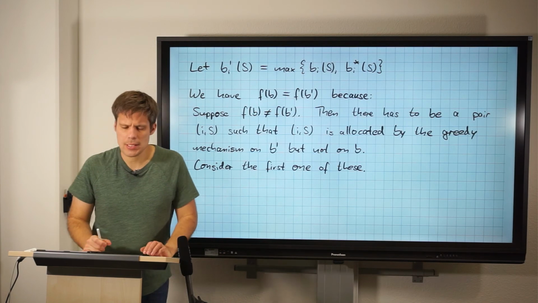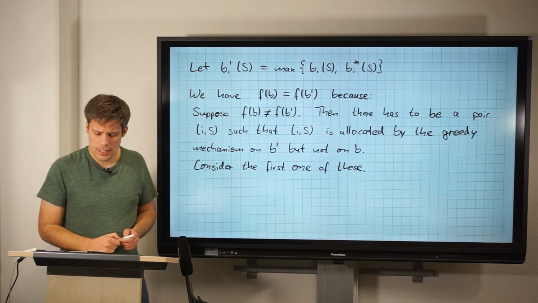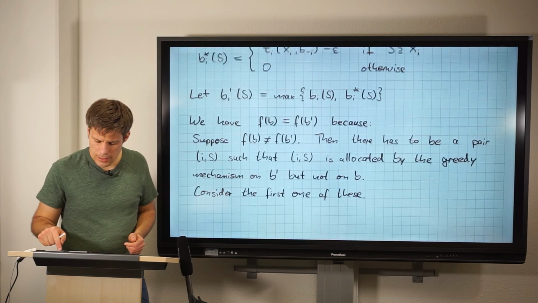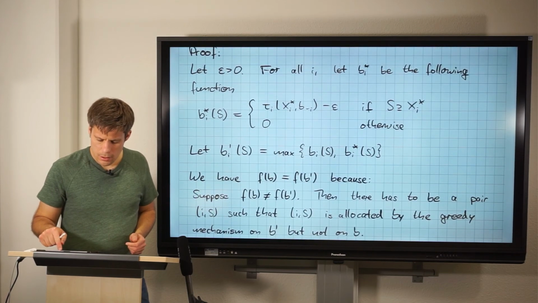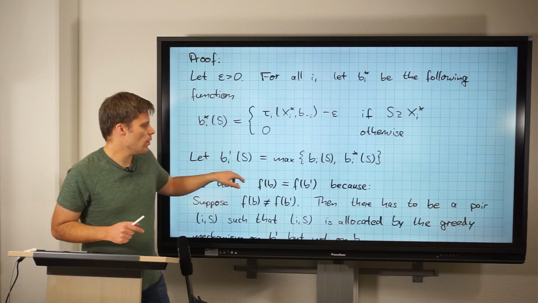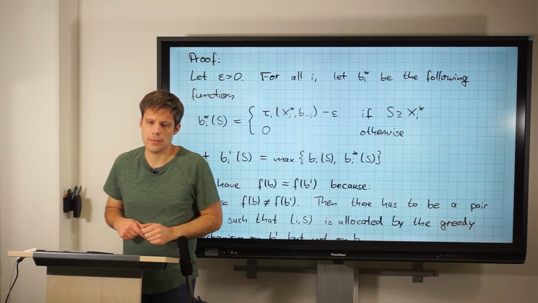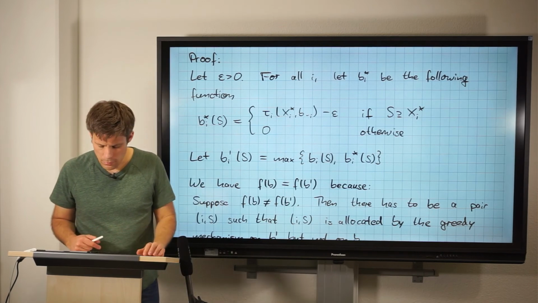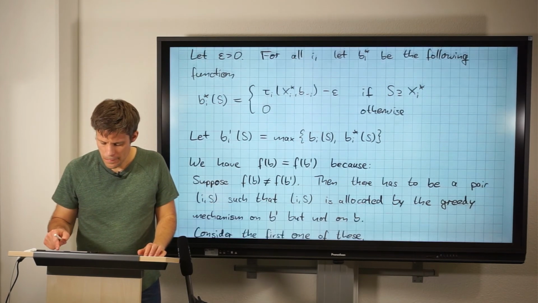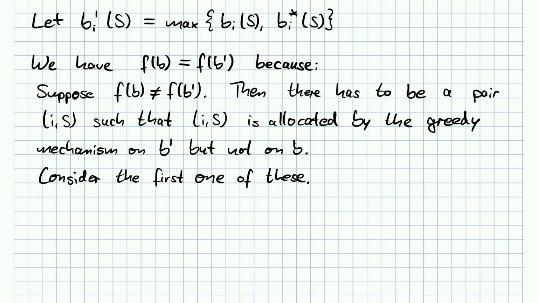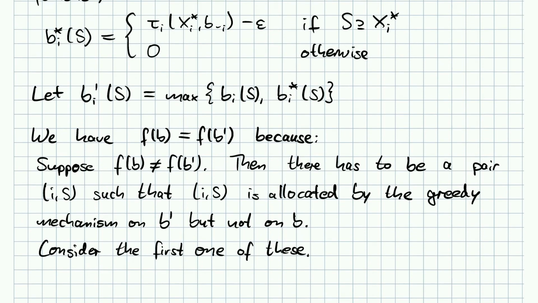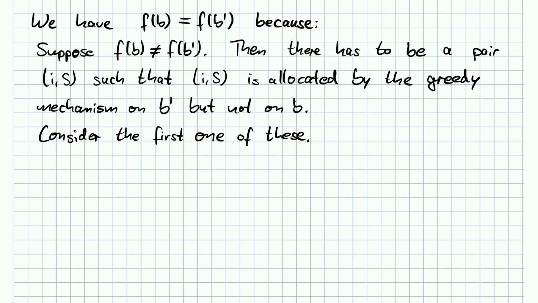Then why could this only happen? This can only be happening because I'm bidding now not b_i of S, but b_i star of S on this item. And by this I mean the first one of these in the ordered list, to be very precise.